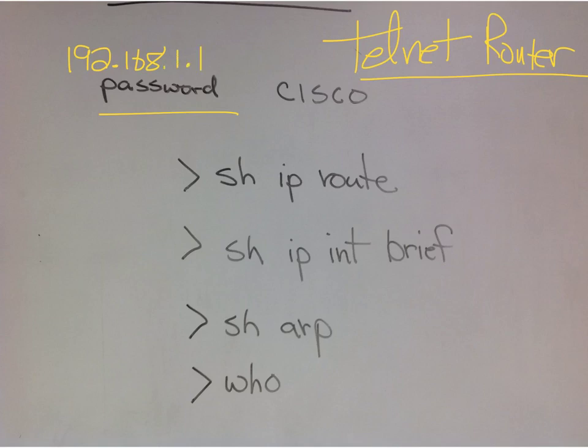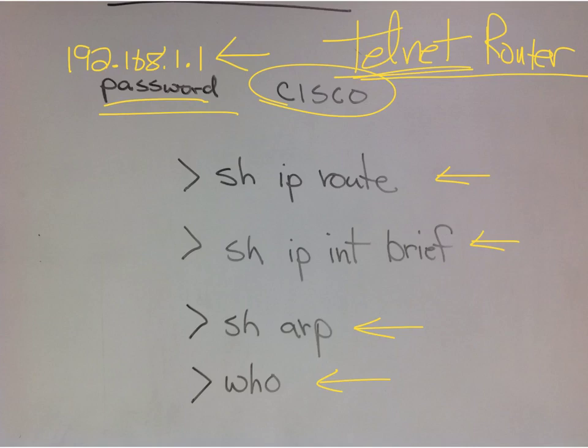That was the default gateway in the router. So if you're on that network, you could enter that into PuTTY, set it for Telnet. Then when you need a password, it was Cisco, and then you could look at this particular information. We'll take a look at that again on Wednesday, briefly.